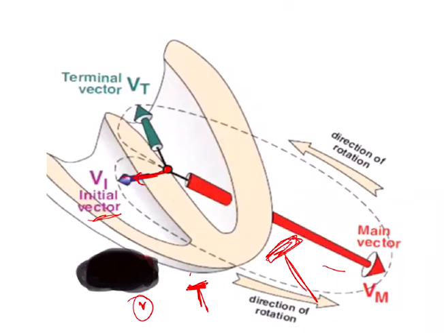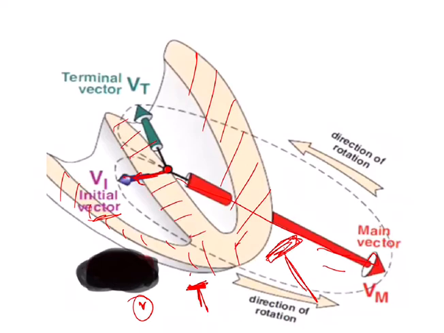Now the majority of the vector is moving in this direction. Why? Because this is the left ventricle, this is the right ventricle, and this is the septum. The mass of the left ventricle is quite large, more than the right ventricle.